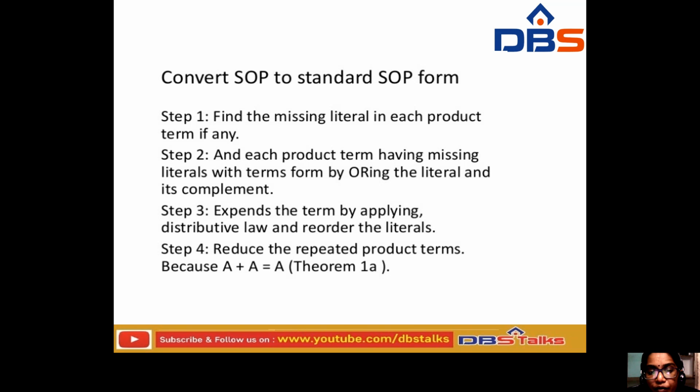If it expands the term by applying the distributive law and reorders the literals, then we should reduce the repeated product, because A plus A is equal to A.